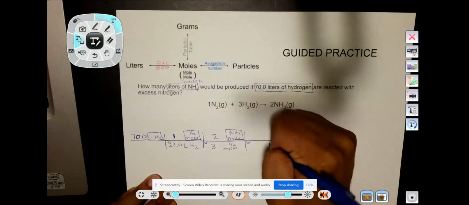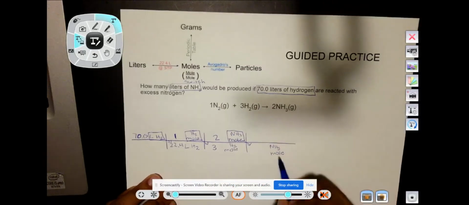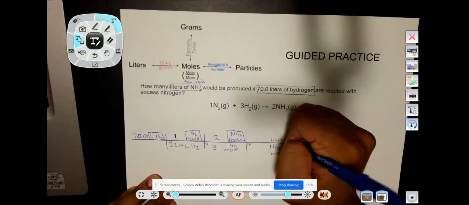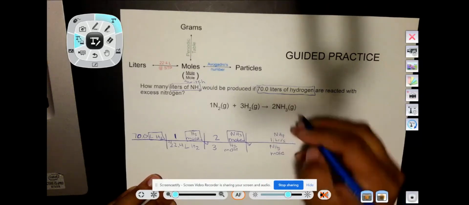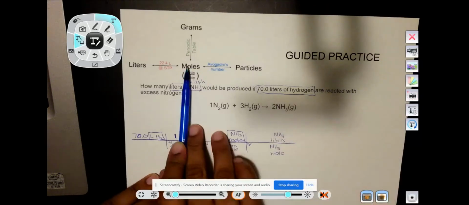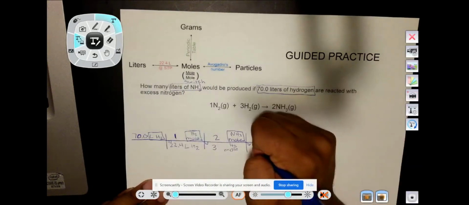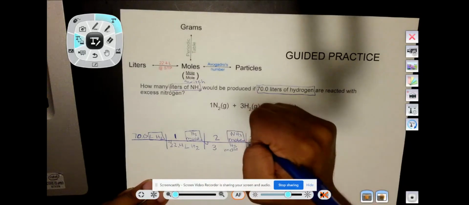I have moles of NH3 here, and I want to convert from moles of NH3 to liters of NH3. So I'm going from moles to liters, and 1 mole equals 22.4 liters.